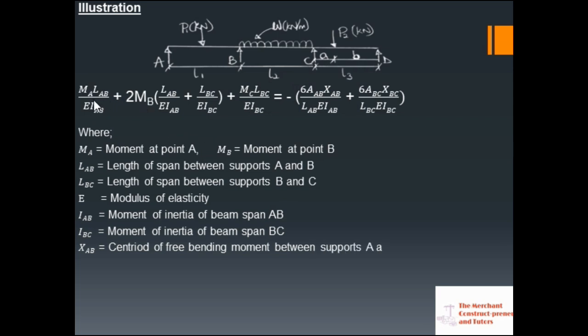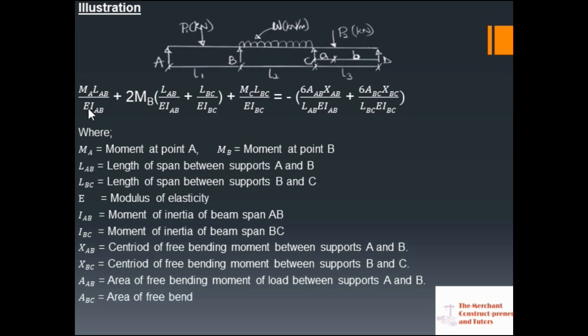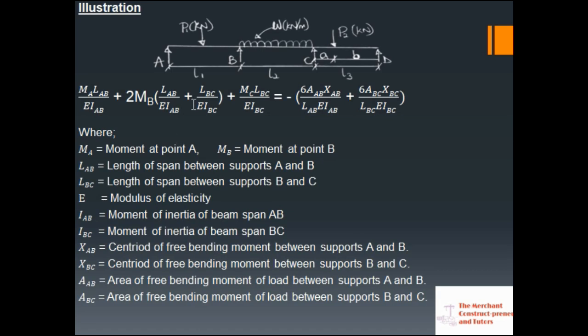So this is the 3-moment expression that was developed by Clapeyron. What this means is that the moment is multiplied by the length of that span, then over the modulus of elasticity and moment of inertia of that span. So you are just taking each span separately.